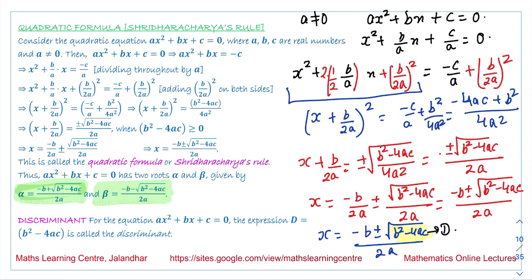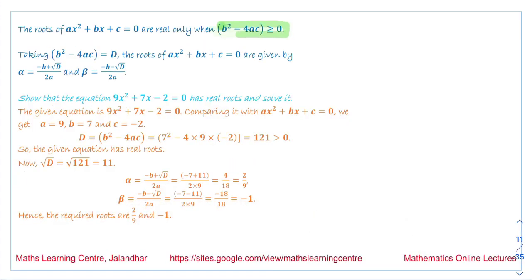These are the two roots of this quadratic equation, and b square minus 4ac is called the discriminant, D is equal to this. So the condition for real roots is that b square minus 4ac should be greater than 0.